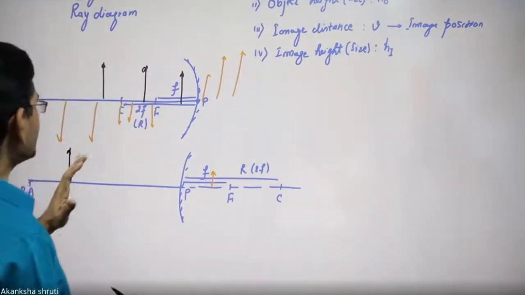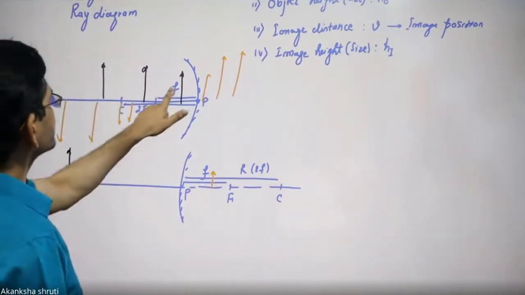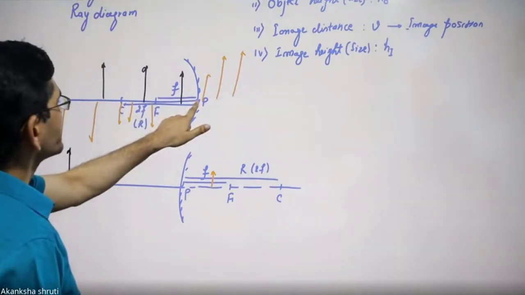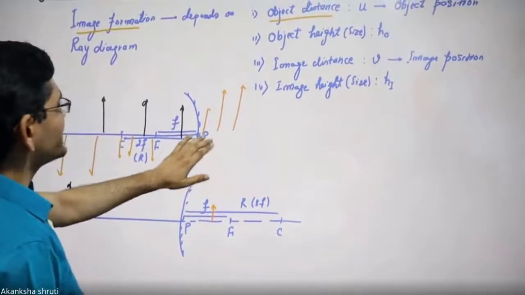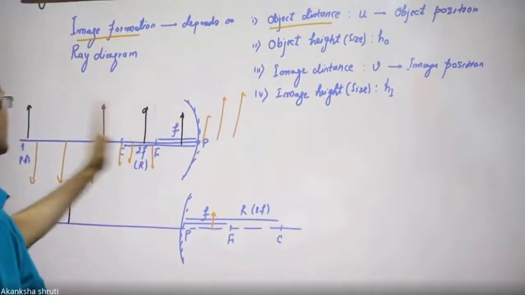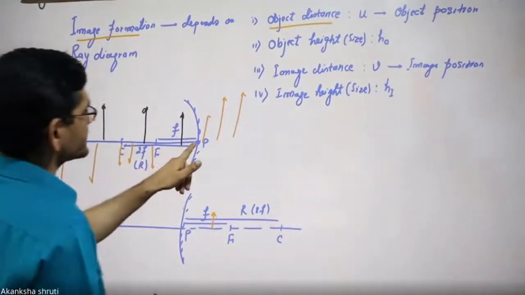So, students, the focal length is measured from the pole, and the object distance means the position of the object from the pole.